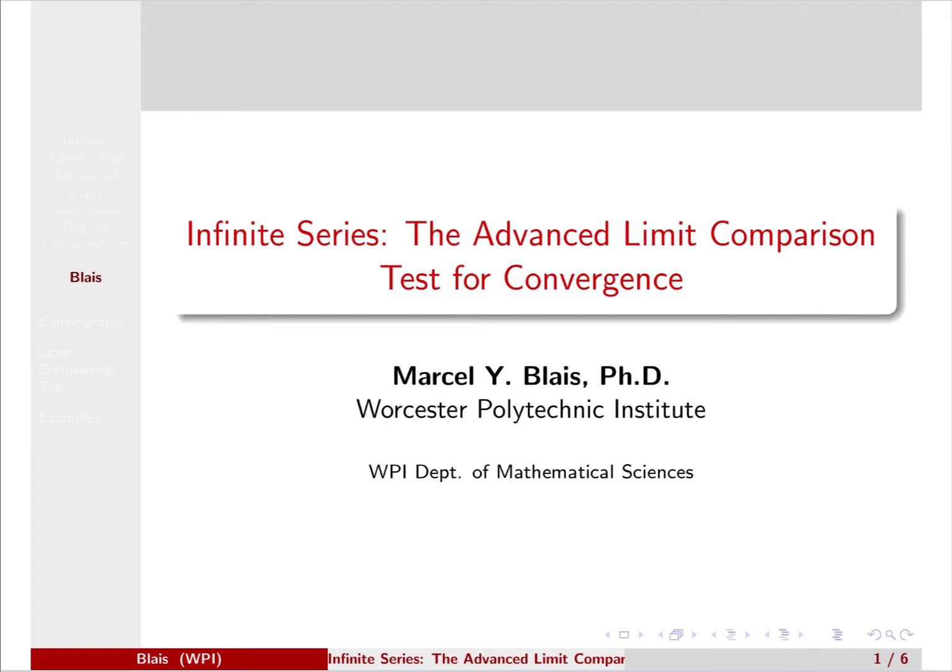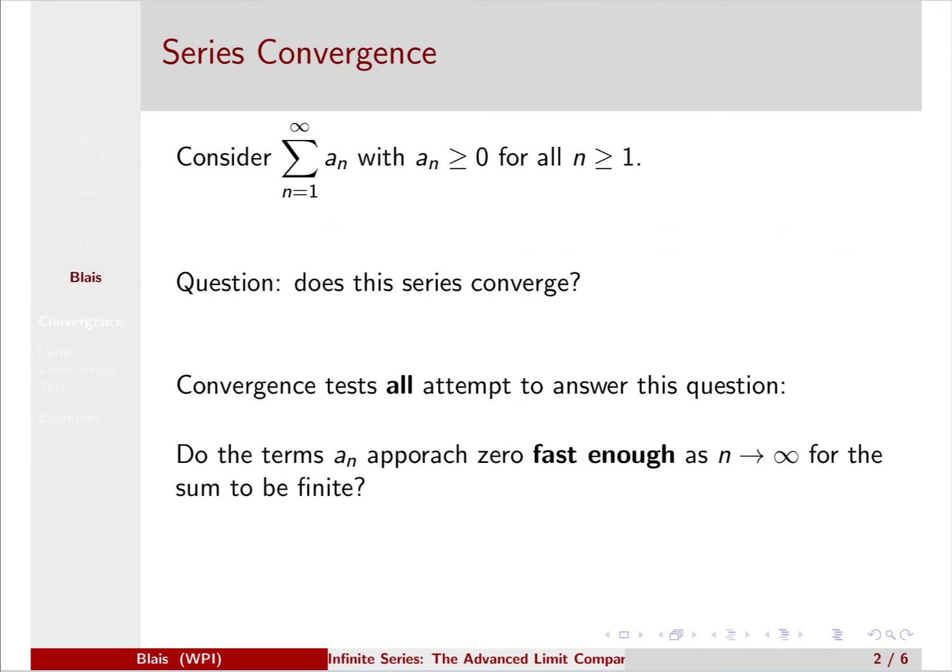In this lecture, we will be studying an advanced version of the limit comparison test for convergence of infinite series. So let's recall the fundamental question when we're looking at convergence of series. We have a sum, n going from 1 to infinity, of a sub n, with all the terms being non-negative, and we want to know, does this series converge?